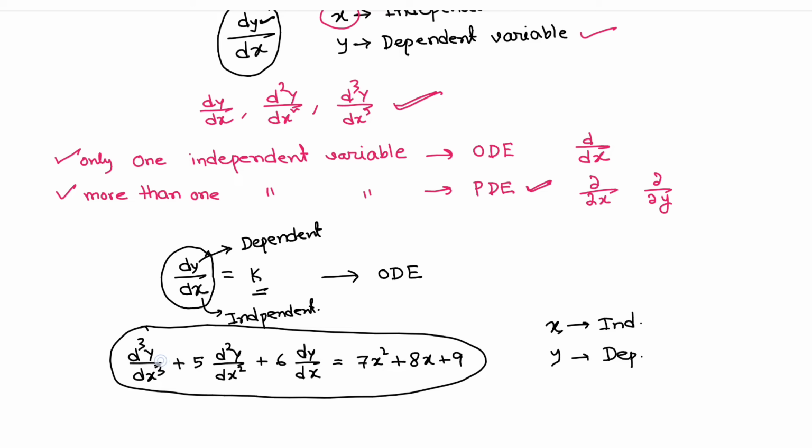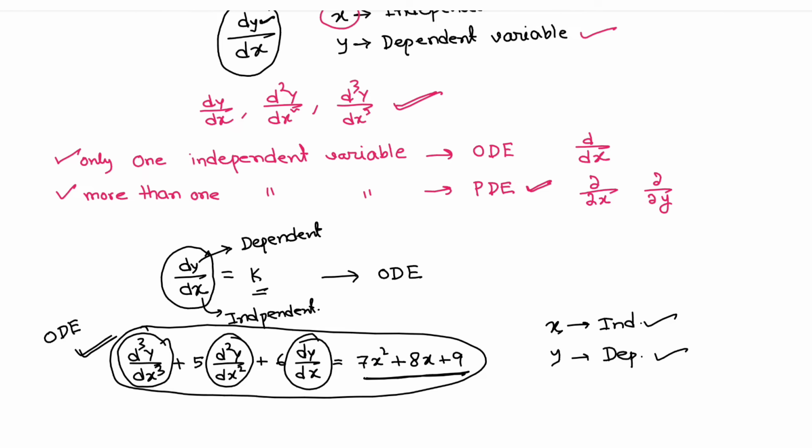Clear? And in this equation you are getting the relations between the derivatives d3y/dx3, d2y/dx2, dy/dx, and the right hand side is a polynomial function of the independent variable. So obviously we can say this is an ordinary differential equation. So this is very simple. You can identify any ordinary differential equation using the independent variable, dependent variable, and their relations using derivative functions.